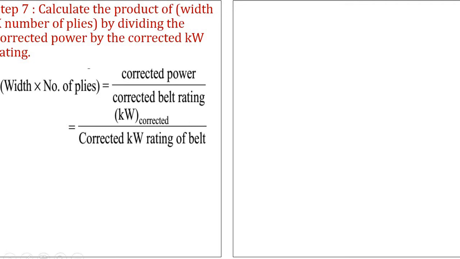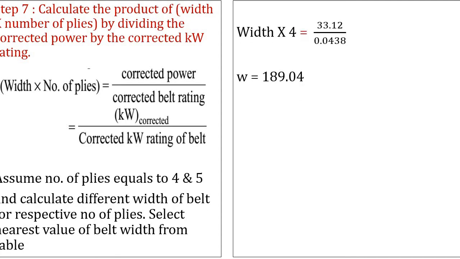Number of plies means number of layers of a belt. If we use a one layer belt, then there will be chances of a shear failure. So for that purpose, we use a number of plies. Number of plies may be 1 to 10.